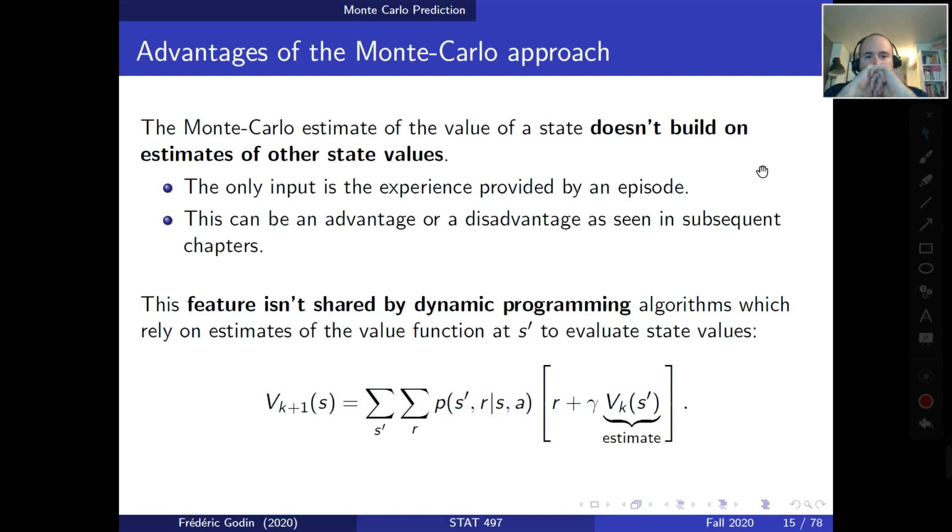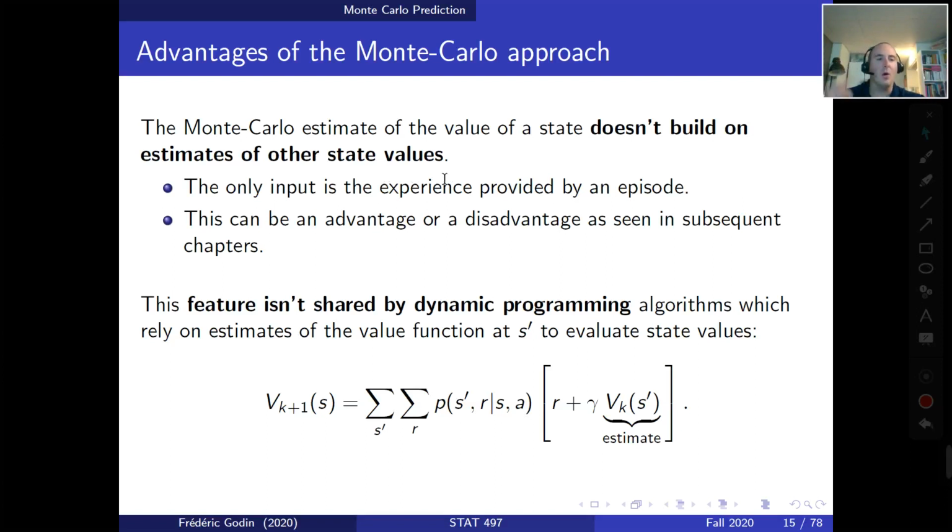So one thing we can notice is that the Monte Carlo estimate of the value of a state is obtained by averaging returns. So this estimate does not build on estimates of other states' value.